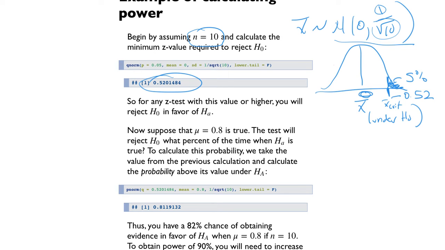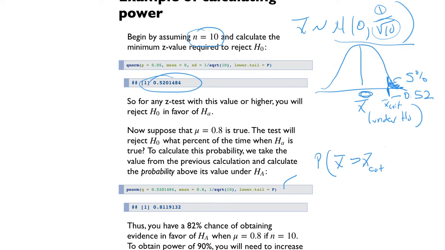Now what we need to do is find out what the actual power is. What's the probability of having a value greater than that critical value under not the null, but the alternative? That's what this provides here. This is the probability that x bar will be greater than x bar crit, based on the sample size of 10 in this case.